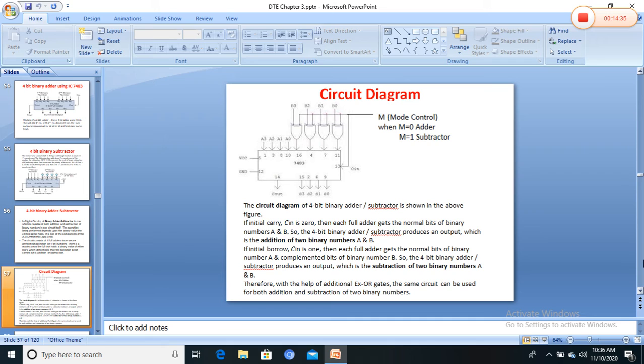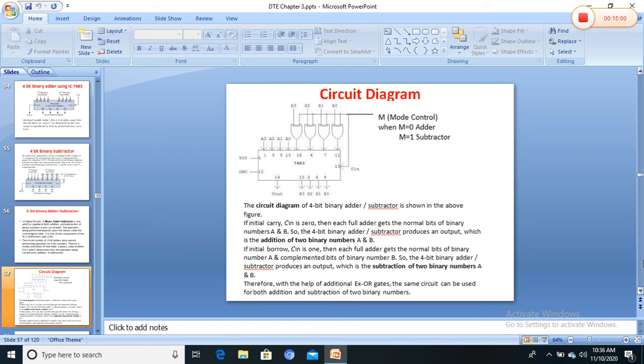If C out is equal to 0, then the subtraction A minus B is positive and in true form. If C out is equal to 1, then the result of A minus B is negative, so we again take the 2's complement of that result. Thus when M is equal to 1, the circuit works as 2's complement subtraction.